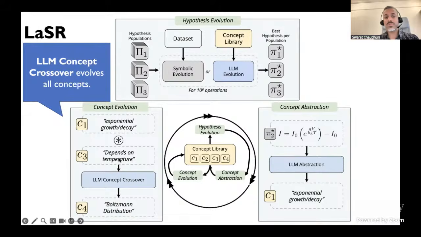Another concept says depends on temperature. And our LLM, because it has all this knowledge about all sorts of concepts relevant in physics, comes up with the idea that this should be a Boltzmann distribution. This is a useful concept to have. Then this is going to influence the hypothesis evolution, which is going to influence concept abstraction and evolution, and this loop will continue.